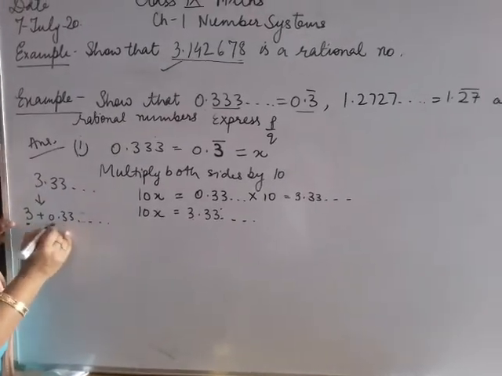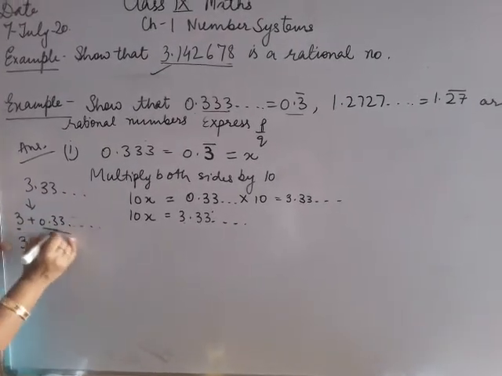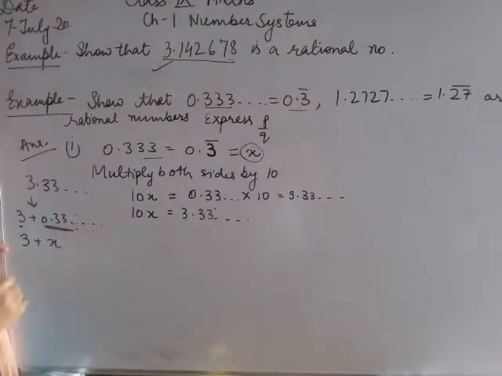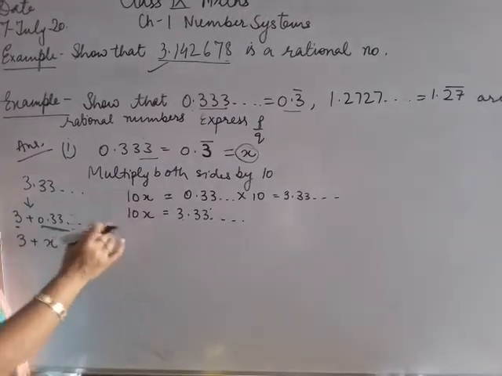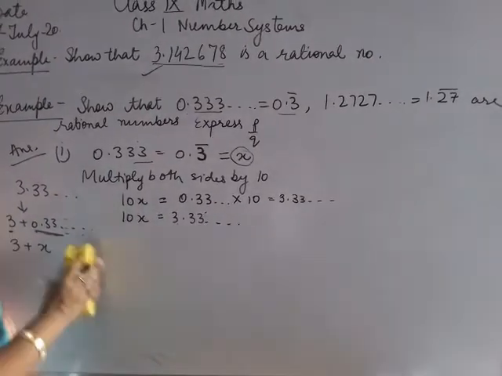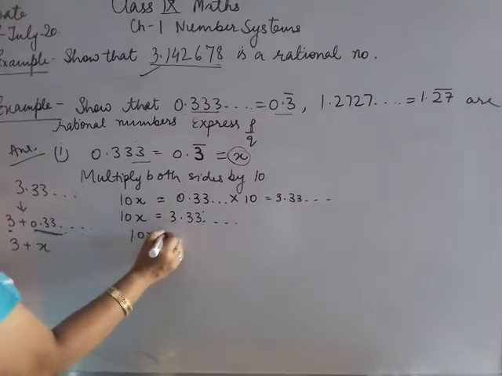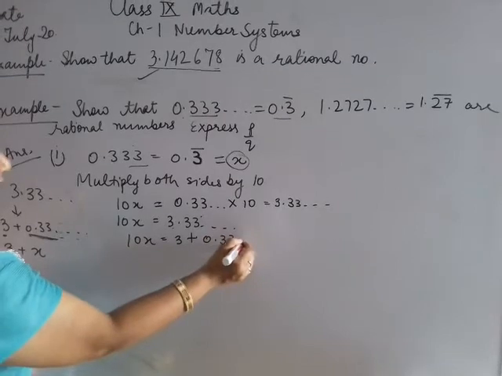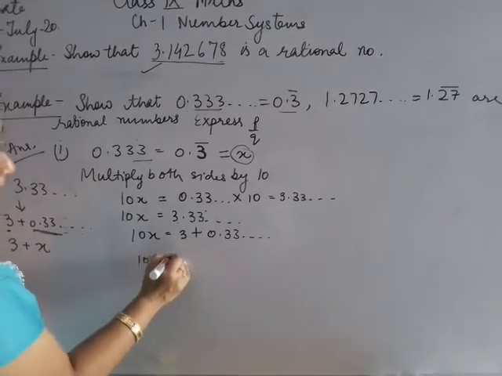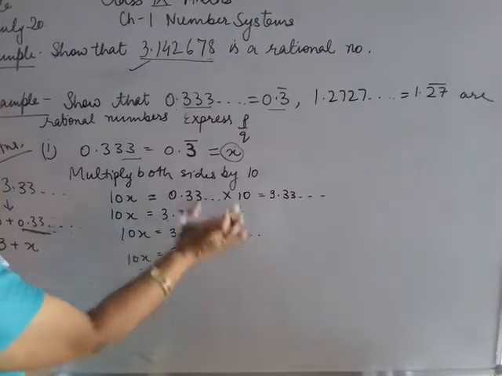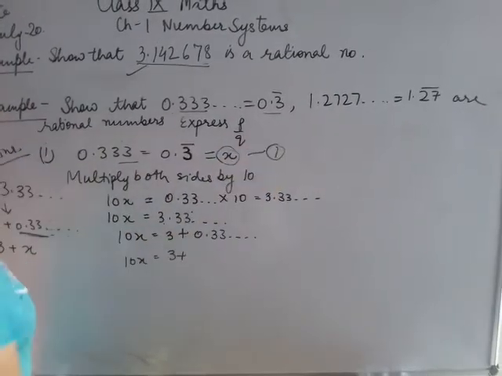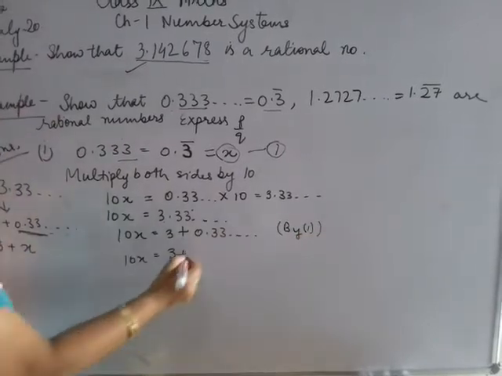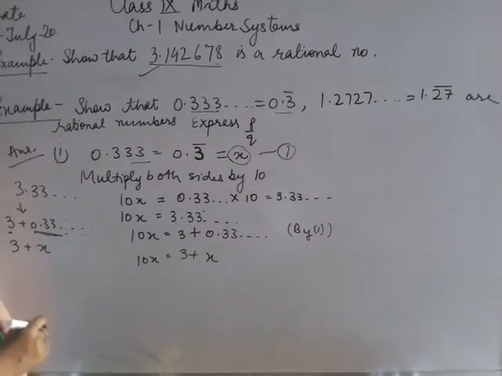Yes. So it is 3 plus 0.3333, which is equal to what? x. So we can write x in place of 0.33. So we will replace this value over here. So we will have 10x is equal to 3 plus x. Let us name it as 1.